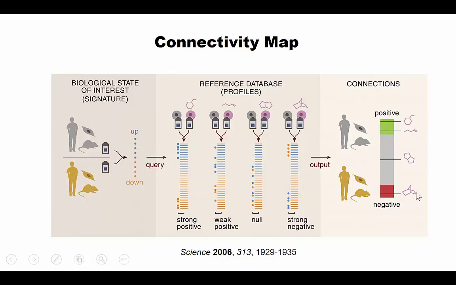This kind of approach is possible. To connect even different data sets into a common approach, we call this the connectivity map approach. After this, I will show you the original scientists' description of this technology.